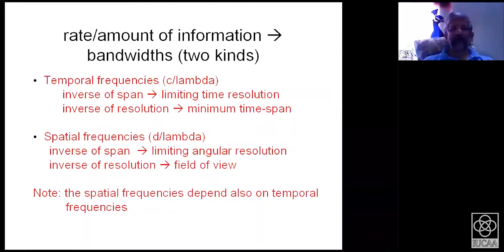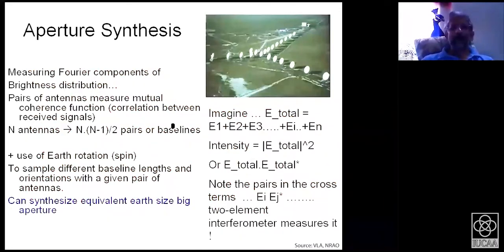And so these are defined in units of physical separations, distance between any 2 points, and scaled by wavelength. Because of the lambda dependence, you will find the spatial frequencies depend also on the temporal frequencies, but not vice versa. Now, this is mentioned for completeness.